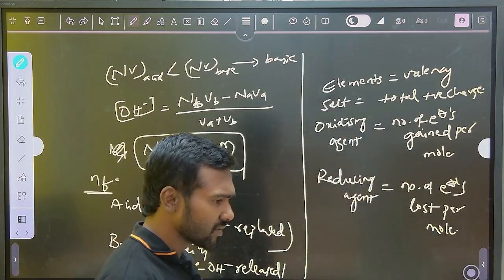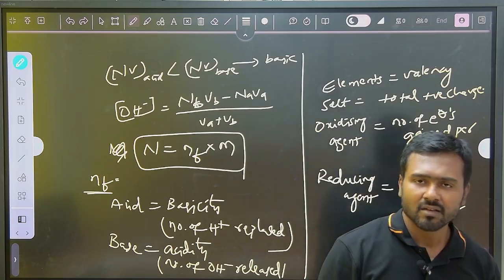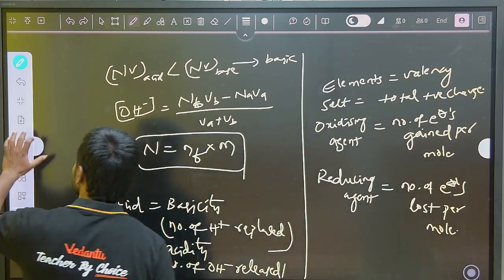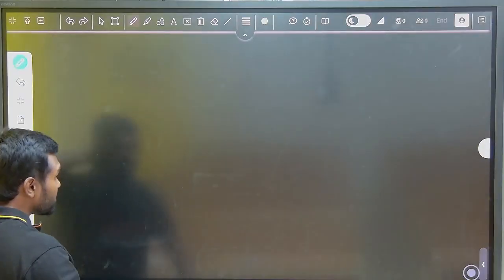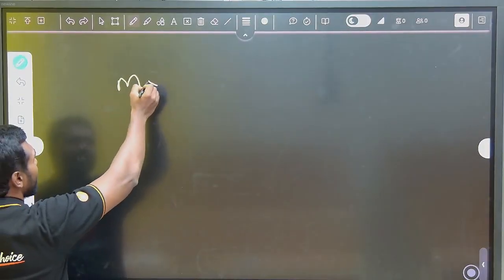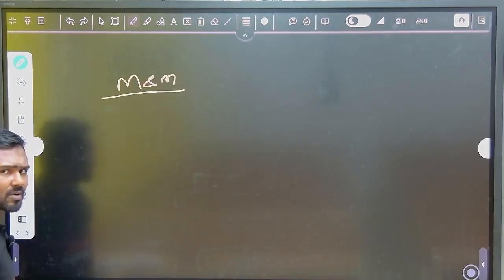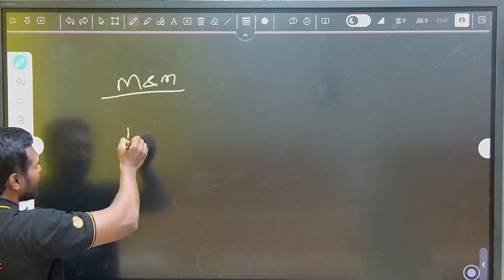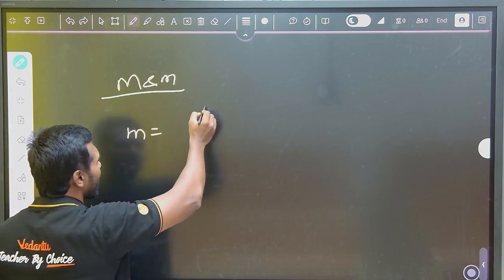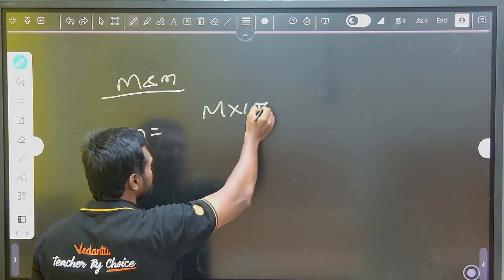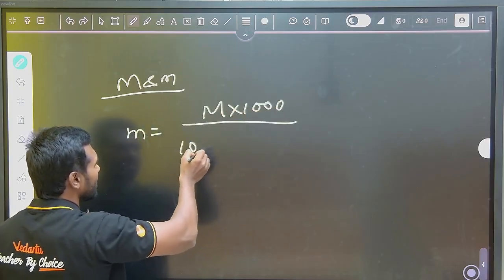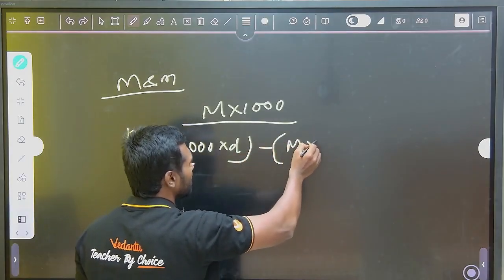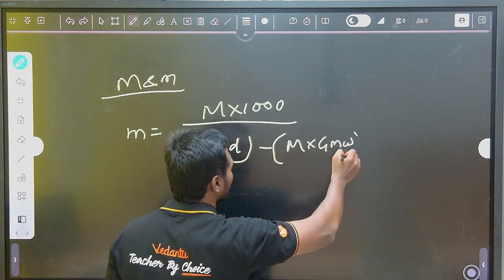So we'll stop here and discuss the remaining later. Okay, last two more formulas we'll discuss here. That is the relationship between molarity and molality. Molality is equal to molarity into 1000 by 1000 into density minus molarity into gram molecular weight of solute.